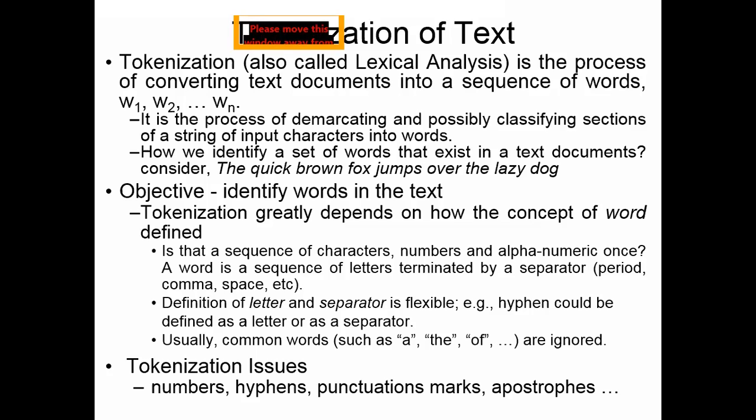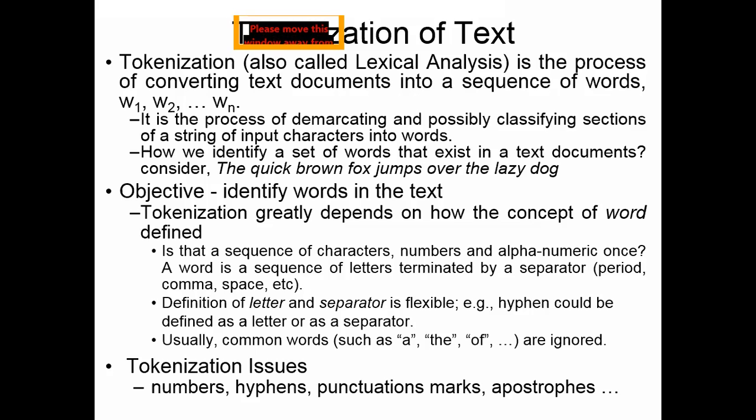Sometimes one word may be separated by space, like Addis Ababa, United States. Addis Ababa is one word, but in between there is a space. And mostly for identifying words, we are using space. So if you are using space always, you are losing Addis Ababa.